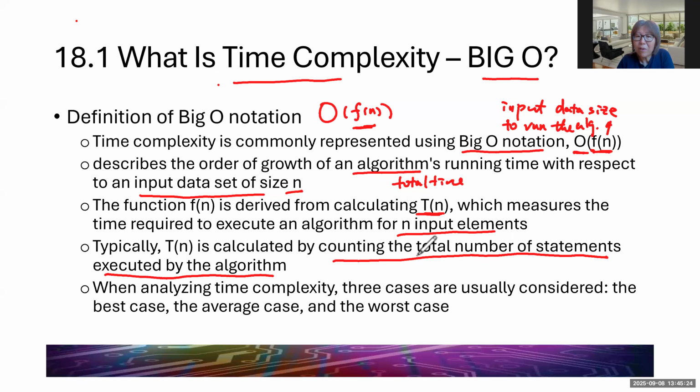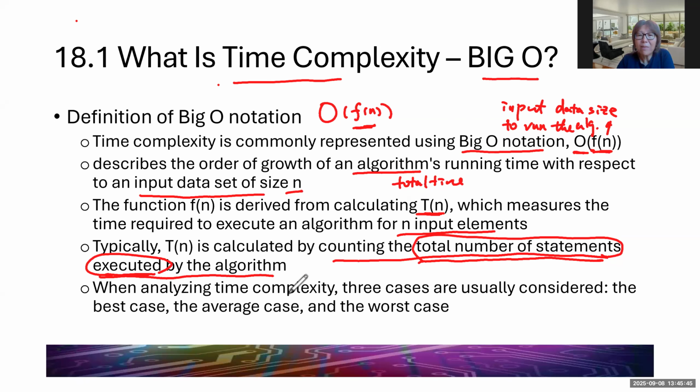So here is the key term: the total number of statements executed. If you have the code for the algorithm, then we can do the count.